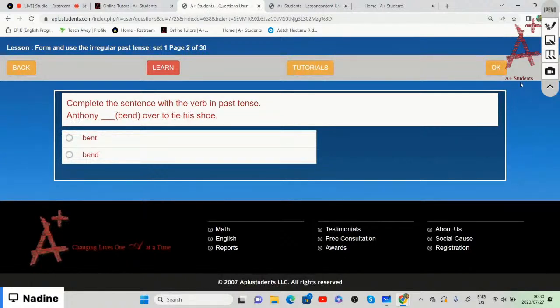Anthony bent over to tie his shoes. Bend, right? So we need to choose the correct verb that shows the past tense. Is it bent or is it bend? Anthony bend or bent over to tie his shoes.